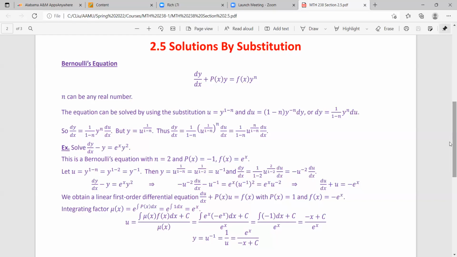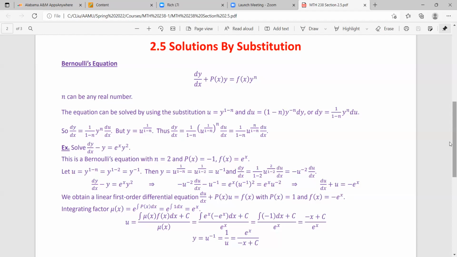Okay, let's see. Did we get everything right? I think I made a mistake in here. E to the x times negative e to the x should be negative e to the 2x instead of negative 1. So there is an error in here. But that's easy to integrate.